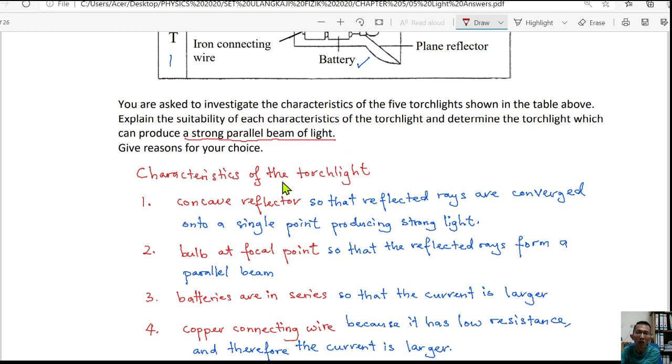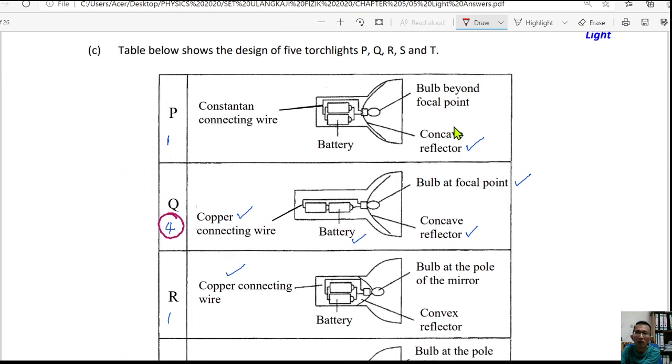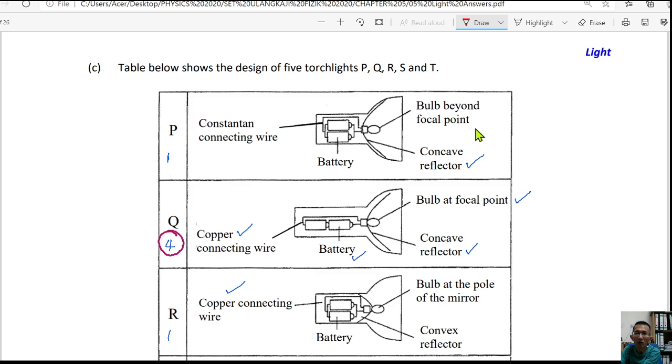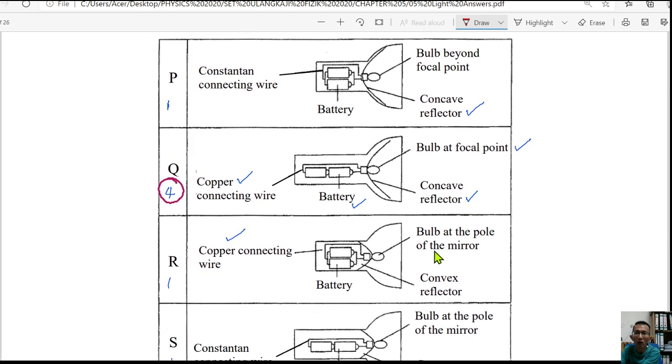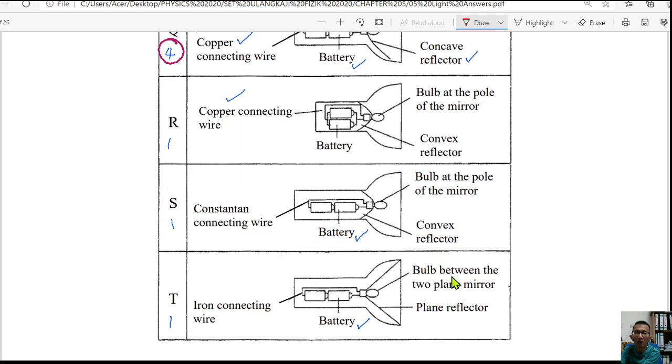That's the reason why I choose concave reflector. So here is 1 point, here is 1 point. Now, bulb at focal point. If I go to the picture, bulb beyond focal point, bulb at focal point, bulb at the pole of the mirror. These are the differences, right?